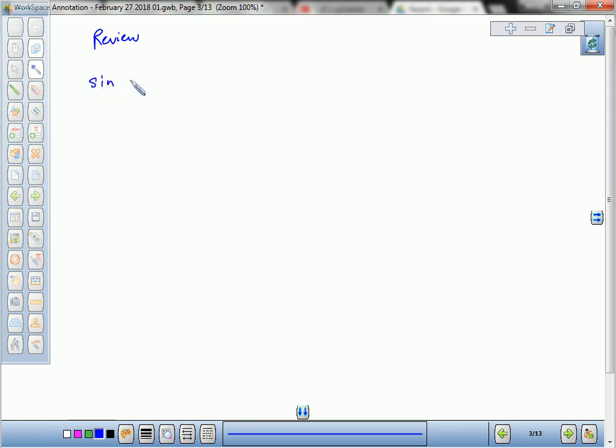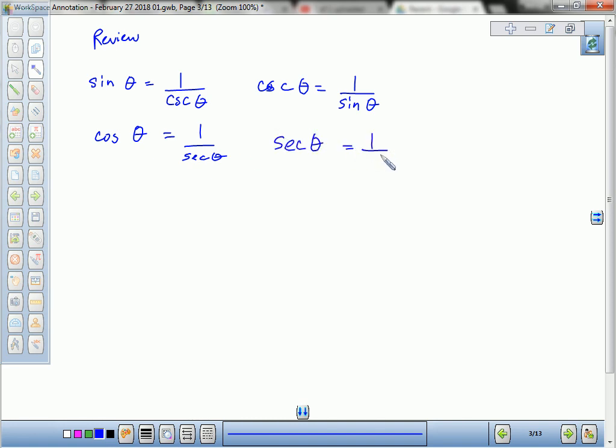So we know sine of theta is the same as 1 over cosecant of theta, just like cosecant of theta is the same as 1 over sine of theta, right? Because they're just reciprocal. We flip them. Cosine of theta is 1 over secant of theta, just like secant of theta is the same as 1 over cosine of theta.